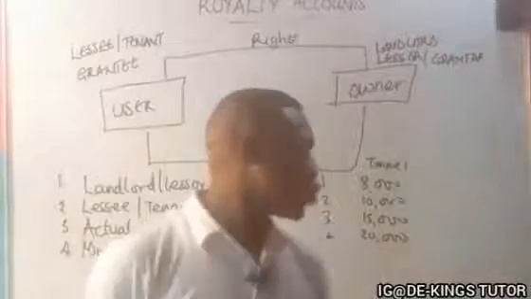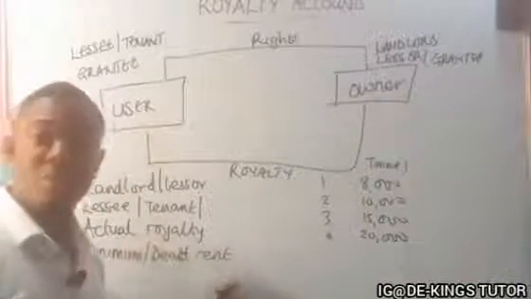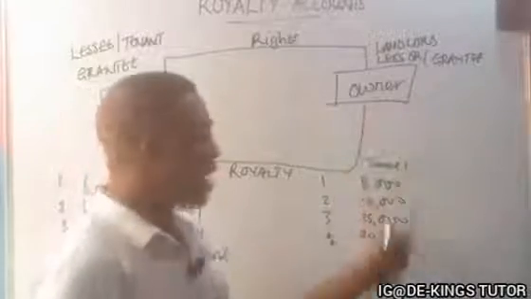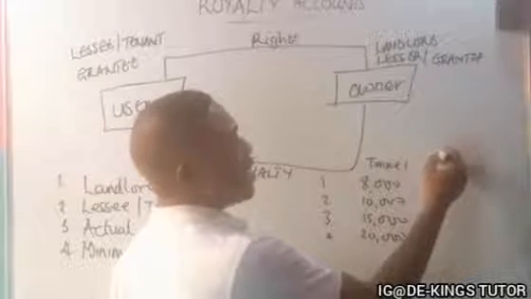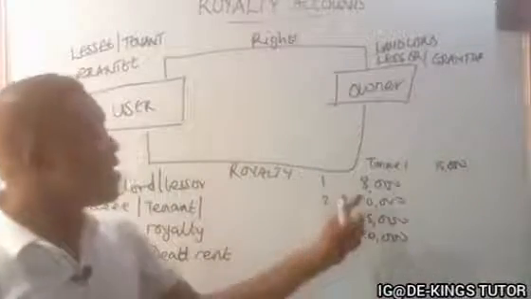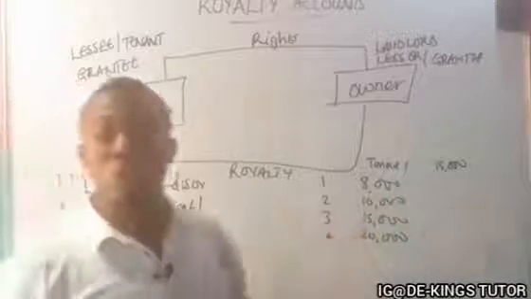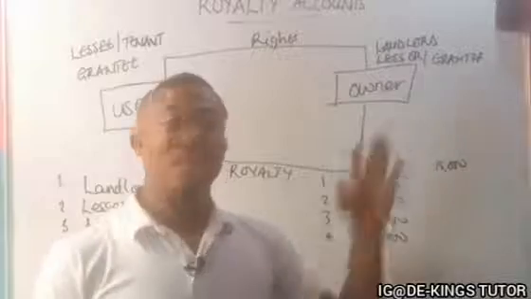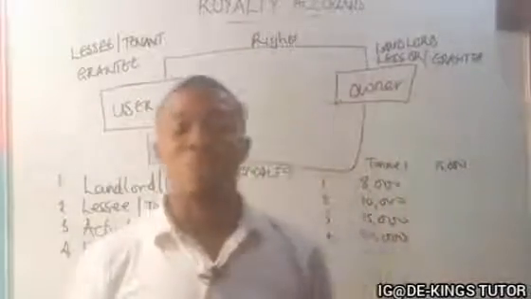So let's say, for instance, the minimum rent or dead rent that is agreed can be, let's say, 15,000. If it's 15,000, it means that every year, while this user is making all this, he's supposed to pay nothing less than 15,000, because that's an agreement. It doesn't concern the landlord how much you make from it.